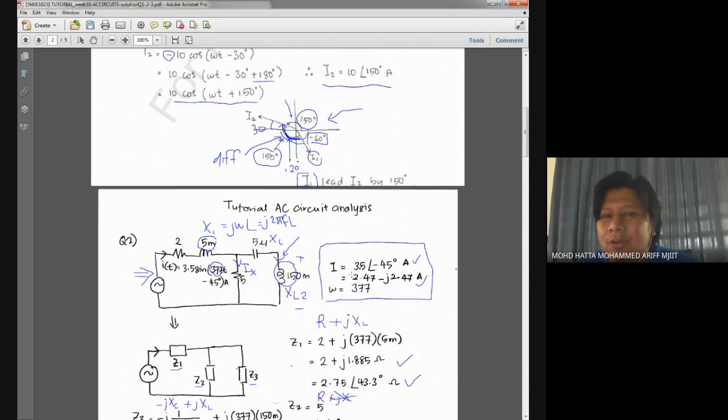So you also need to do practice. The moral of the story here is that you cannot just have a look at the solution at a glance.